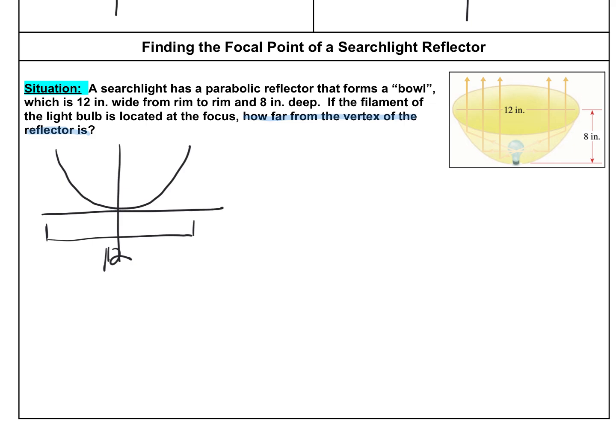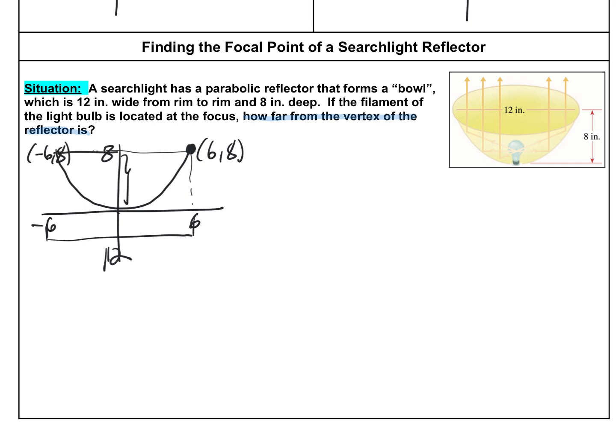So this is going to give you negative 6, and from here to this point, that's 6 also. It says 8 inches deep, so the distance from here to here is 8. So this coordinate is going to give you 6, 8, and on the other side is negative 6, 8.